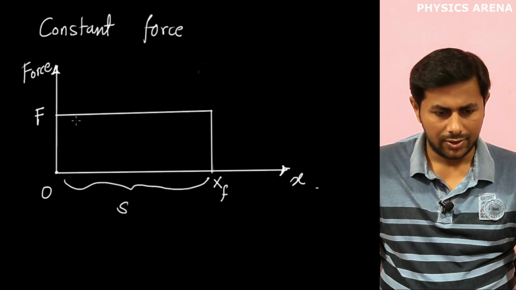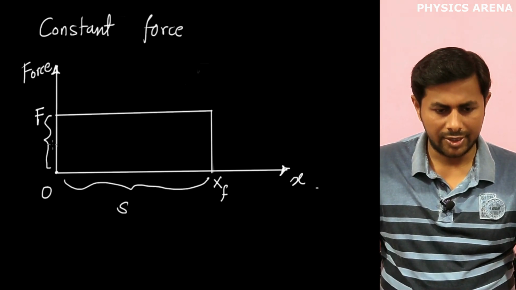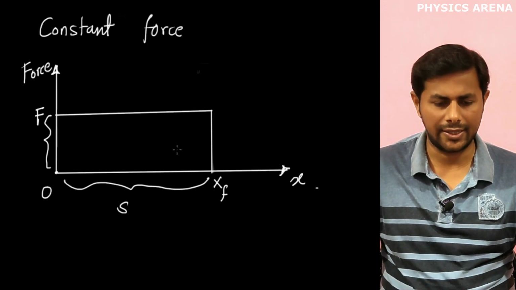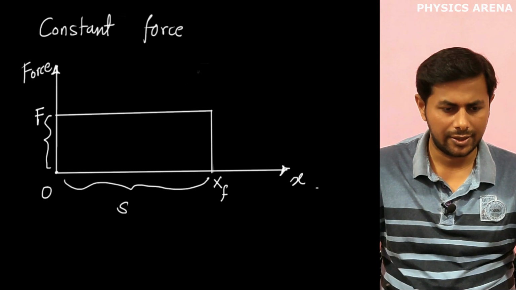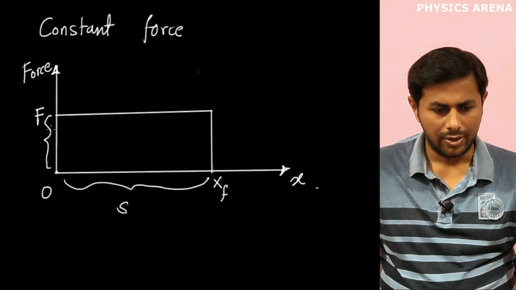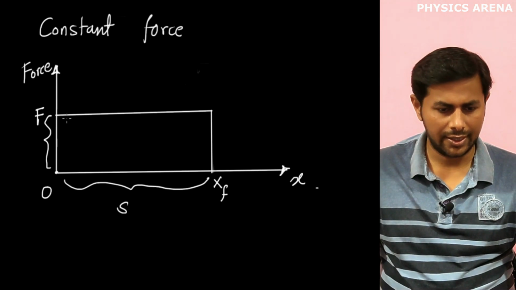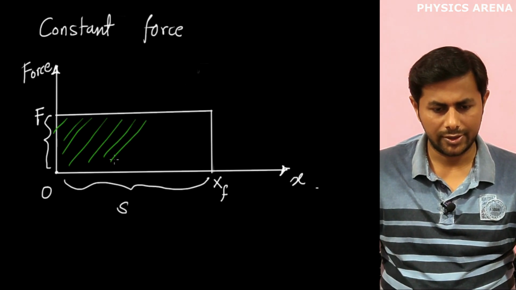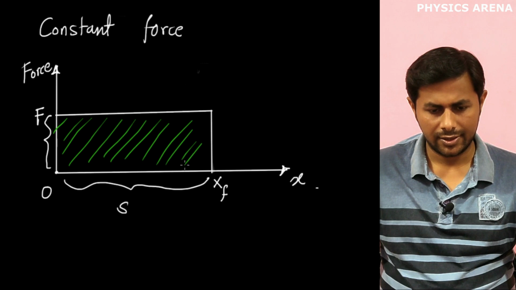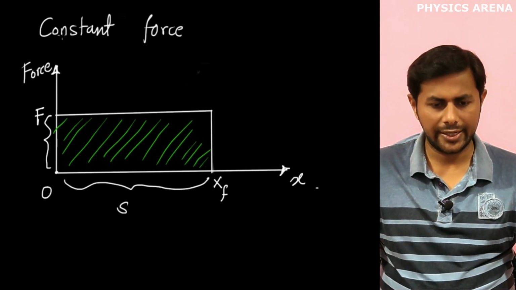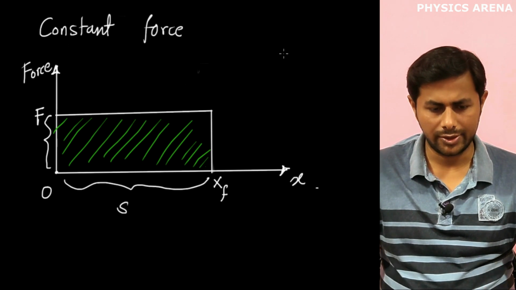Okay, so this side of this rectangle is force and this side of this rectangle is the displacement, and therefore what is F multiplied by S? It is the area under this force versus position curve. Okay, so this is the case of a constant force.